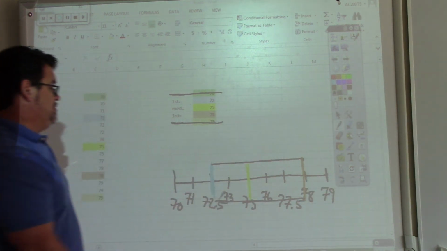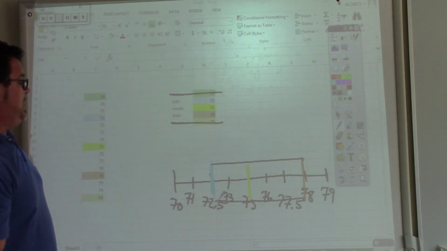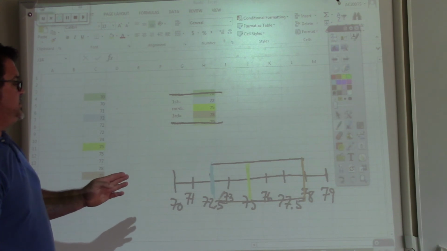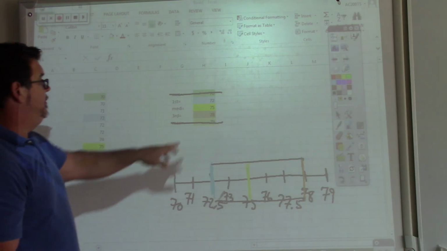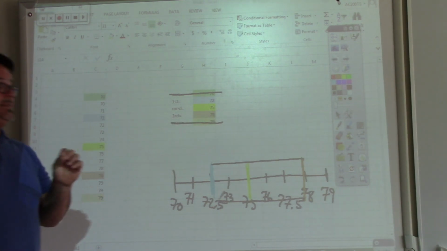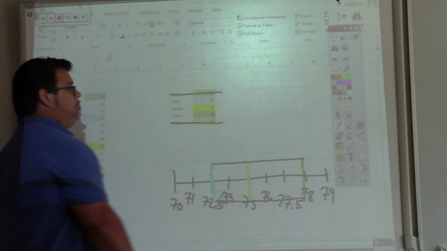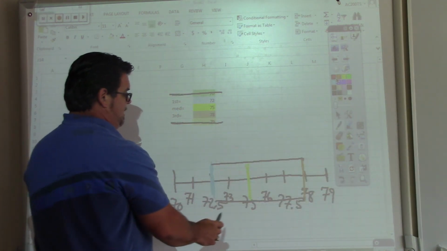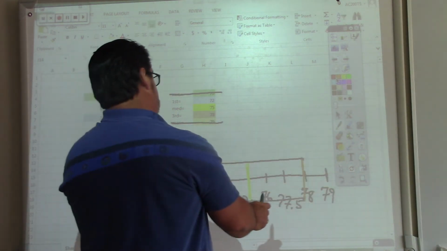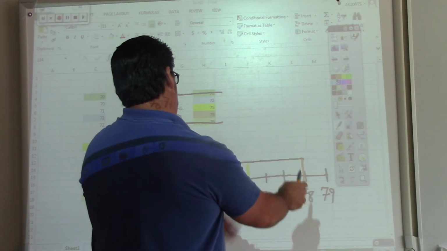So right now your box, I mean, your median is falling on your center, isn't it? So that means your data is kind of tight. And it also means that it looks like a little bit more of your data is over here.